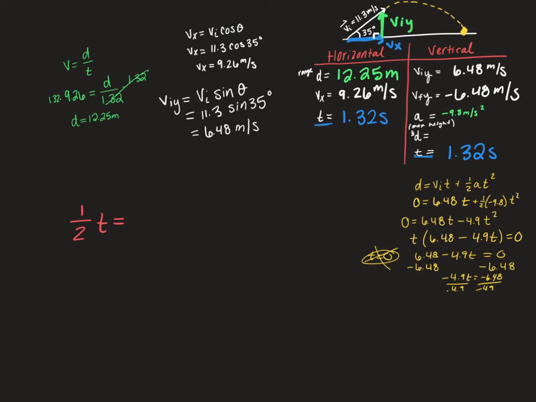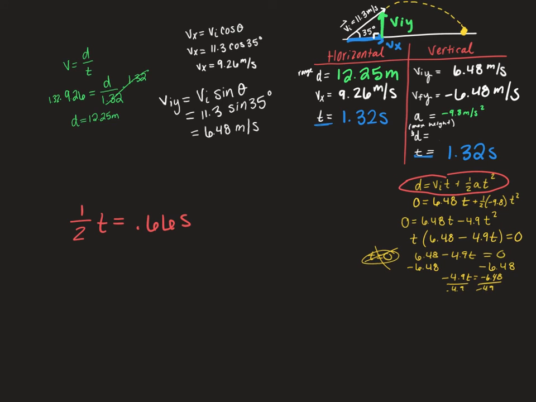So now we're going to use that as our time. We're going to use that for t and plug it into our third equation again and find d. Did we already find d though? No, we had d as 0 because we used that to find the time.